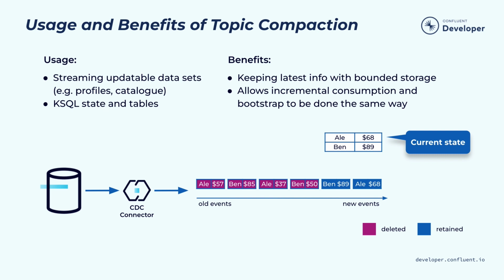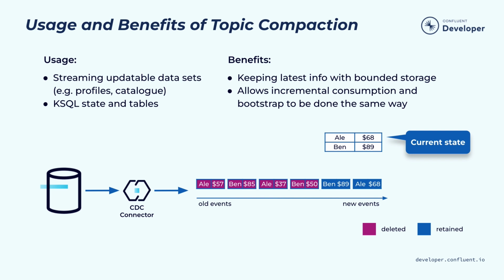What compaction gives you, in addition to keeping track of the latest changes, is that it can also bound the total amount of space you need to store in this topic, because over time, all the old records with the same key can be garbage collected.